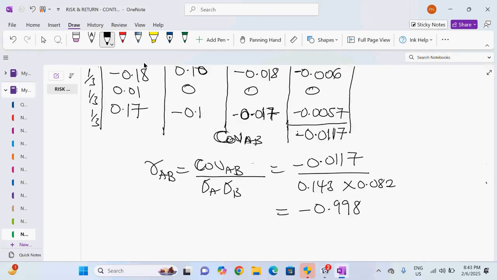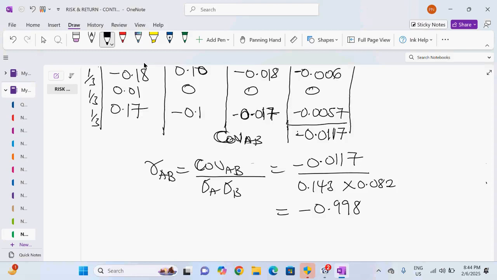It means that the two stocks, the two assets, are moving in the opposite direction. And that is very good because if you invest in one and there's a risk associated with it, the other will be very good to you. That is the meaning of that.